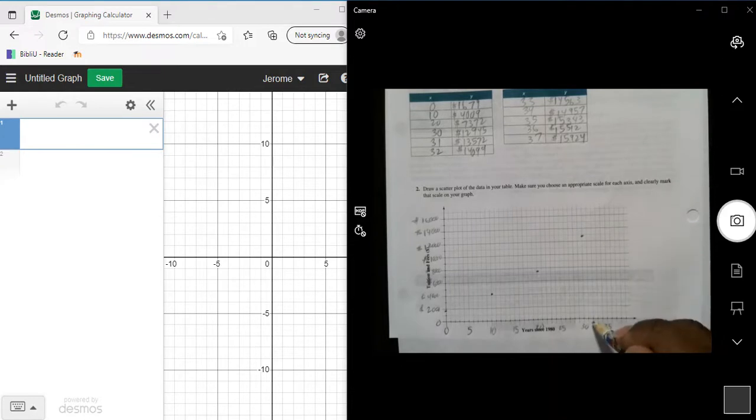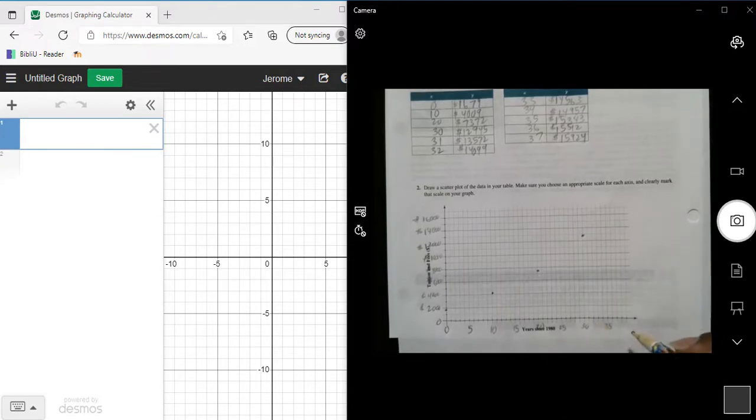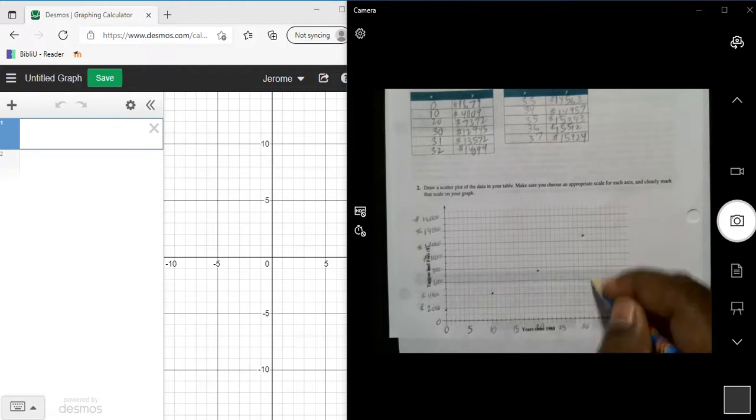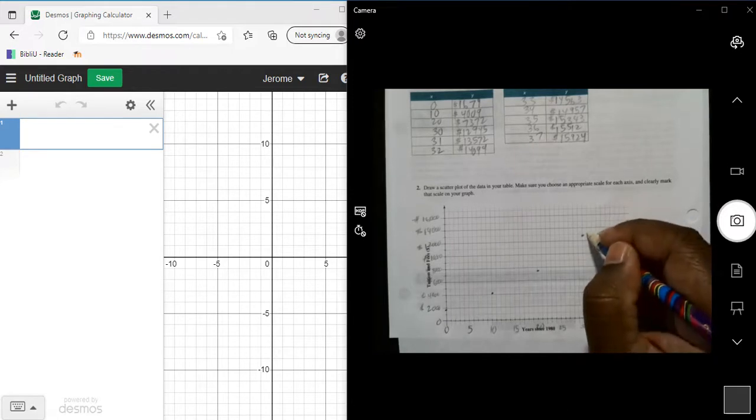And then now we will go to 31 through 37. So 31 would be a little over 13 and a half.